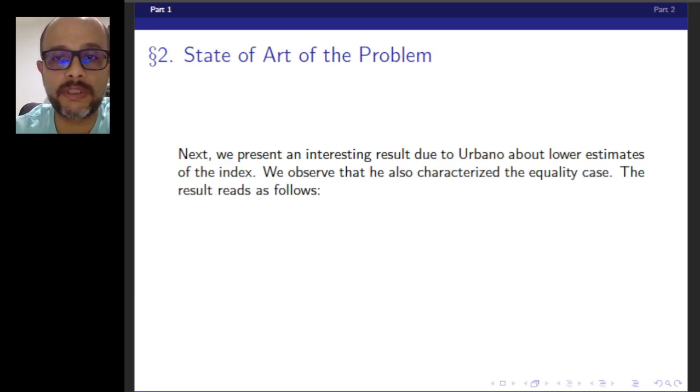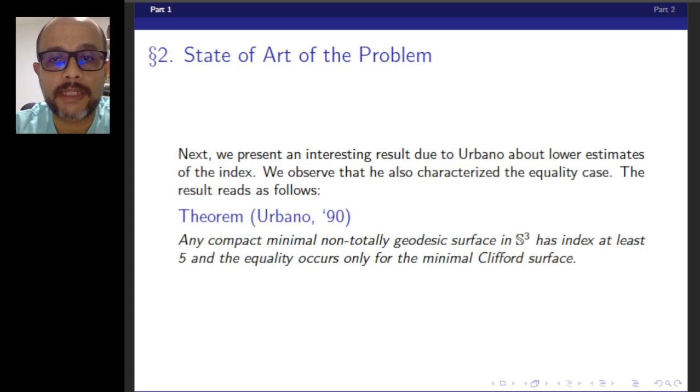The theorem says that any compact minimal non-totally geodesic surface in S3 has index at least 5, and the equality occurs only for minimal Clifford surfaces.